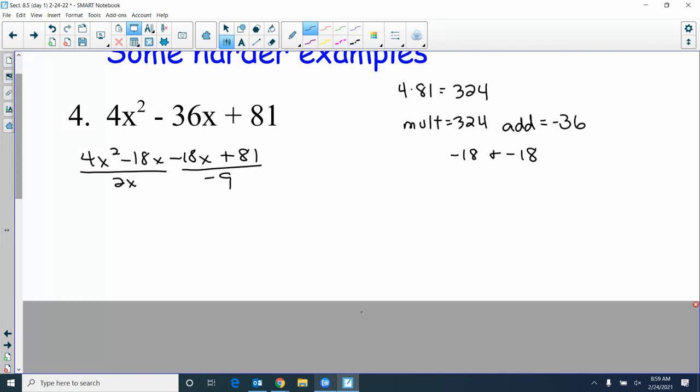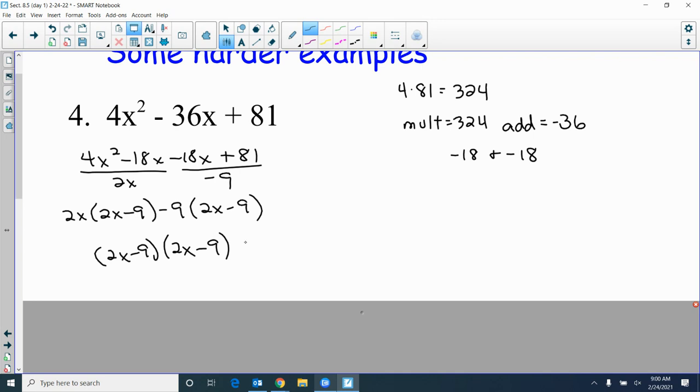So now when you divide, I get 2x, and then I get 2x minus 9. And then I get a negative 9 here, and I get 2x minus 9. So when I'm done, I get 2x minus 9 times 2x minus 9, which is 2x minus 9 squared.